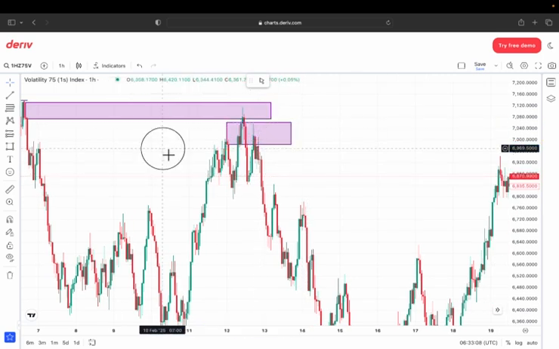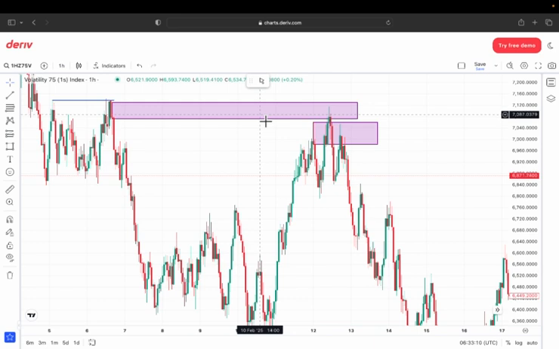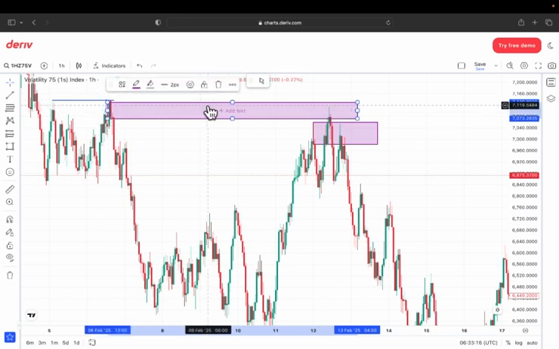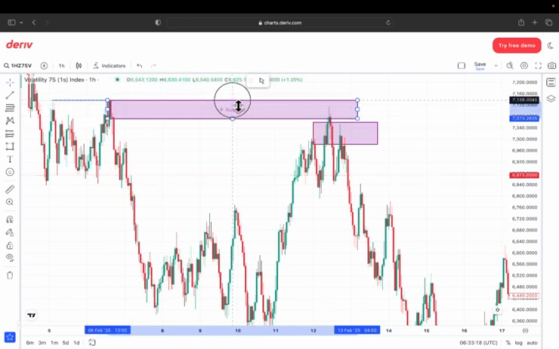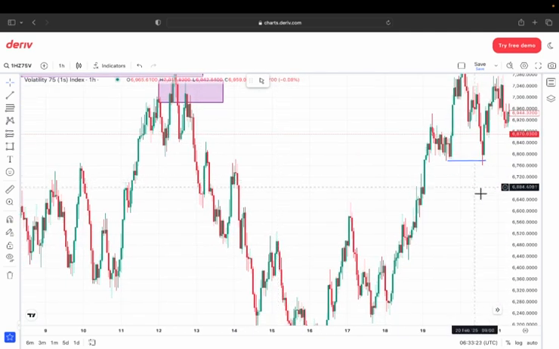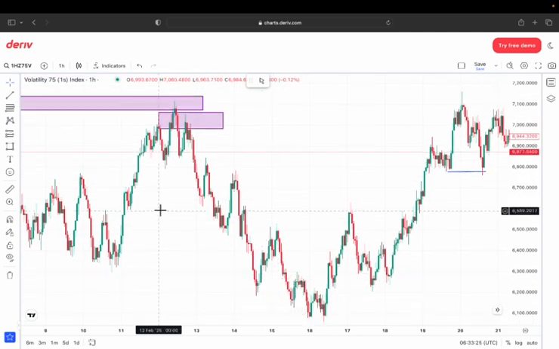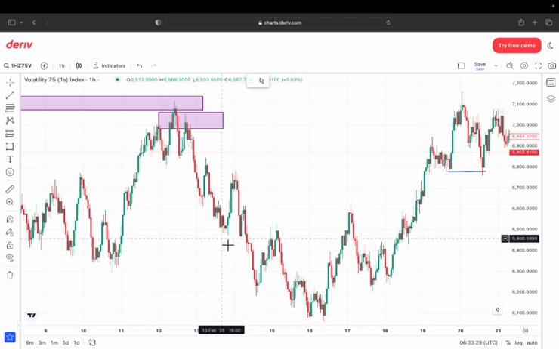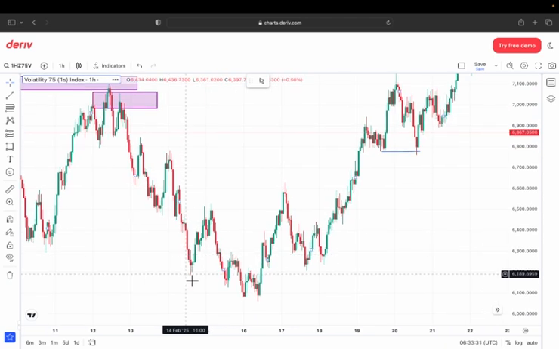Entry directly from here I will not take, because it doesn't have an FVG. But I will enter at this other reclamation that occurred here, which I will take to this point, and that's it. I think that's the only entry I'm seeing here.